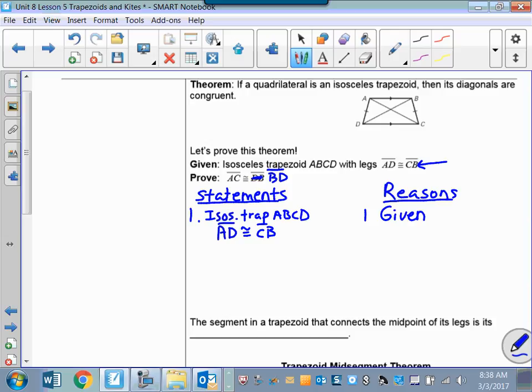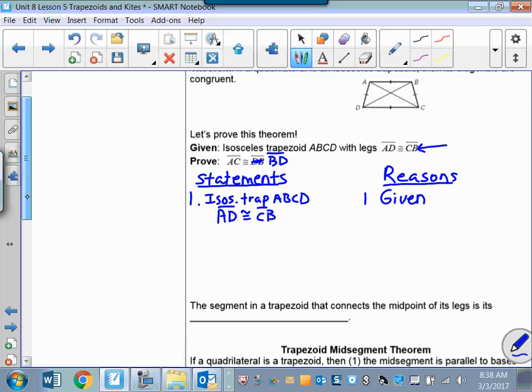Okay, and here's what I think is going to happen. Now this is a good place for us to stop and think, how am I going to show that those diagonals are congruent? I think what I'm going to have to do is find myself two congruent triangles, and then AC and BD will be corresponding parts of those two congruent triangles. So let's head off down that path.